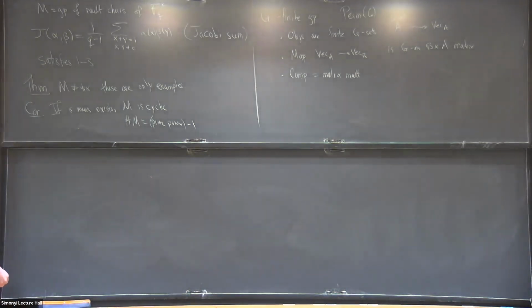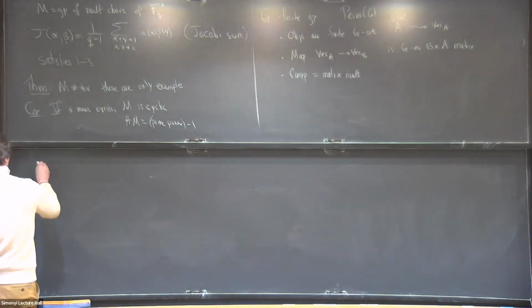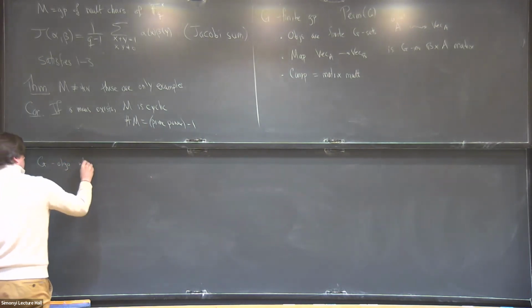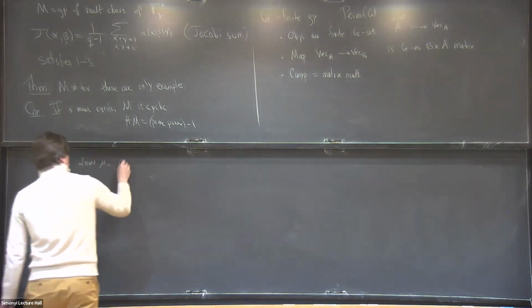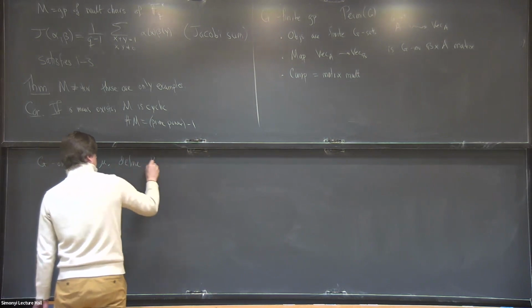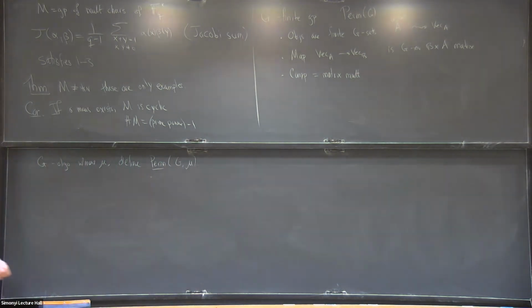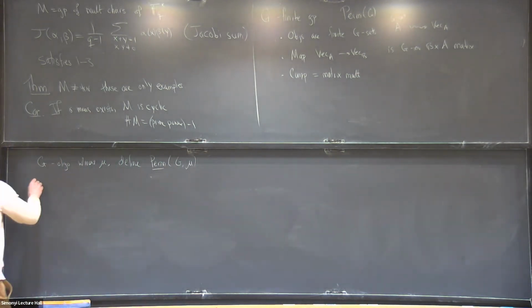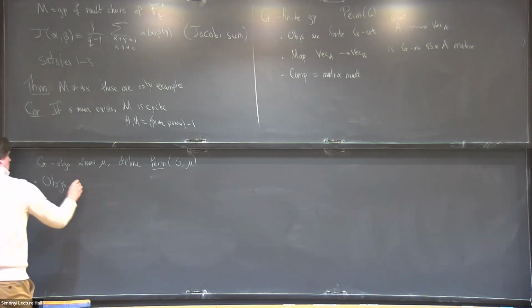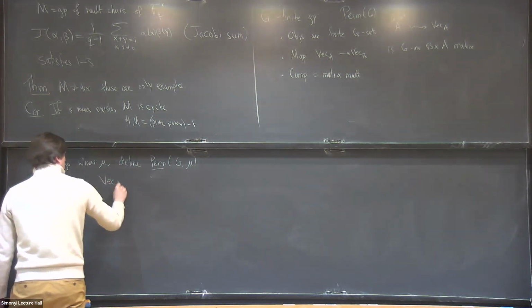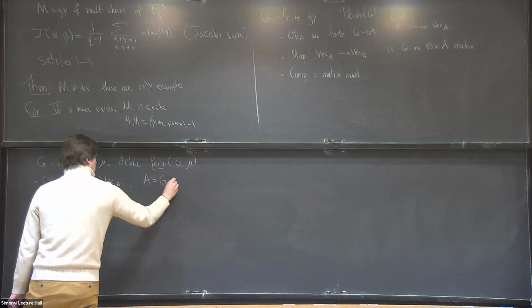Okay, and so we can just mimic this in the oligomorphic case. So given G oligomorphic with a measure mu, we can define some category of kind of permutation modules. It's not literally a category of permutation modules, but that's the idea. And it's just kind of in the same way. So the objects are vec A, where A is a G set.